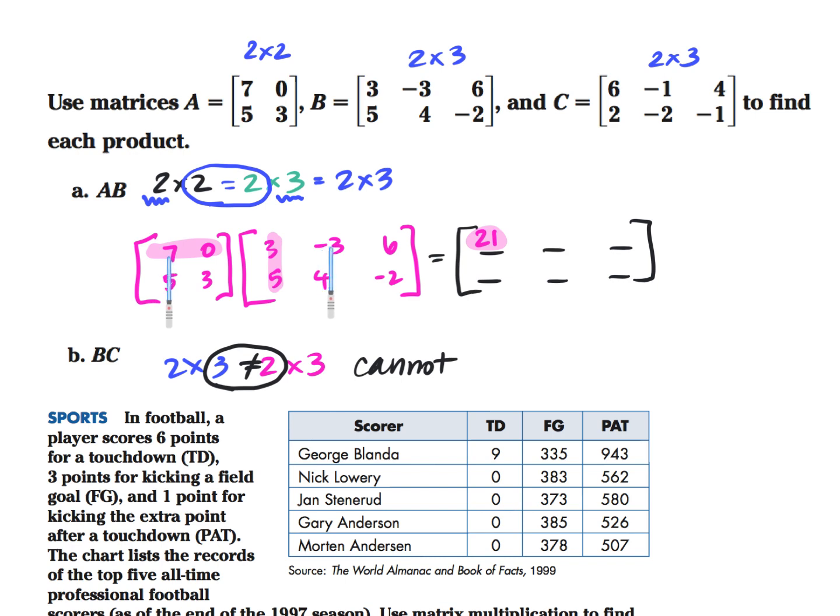Negative 21. 21 plus 0 doesn't matter. Very good. Final answer? -21. -21 goes right there. This is funky, right? Over here, this is still in the top row, but it's in the right column. So I'm going to take this top row times this right column. What is this going to get me?